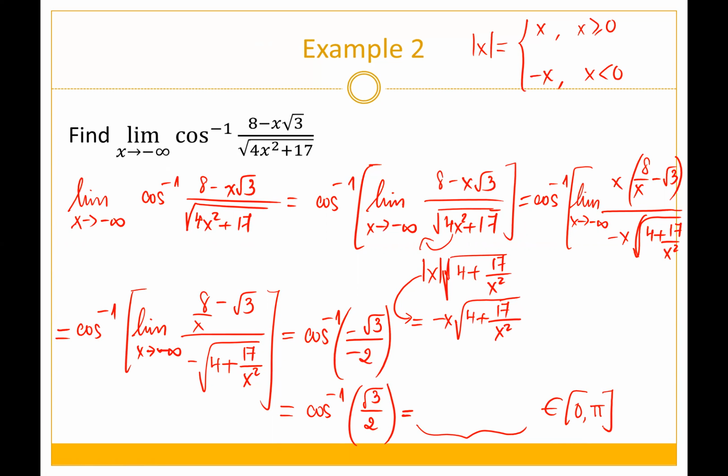That one is going to be pi over 6. So that's my final answer for this question. Usually for these questions, you can also have the answer be negative pi over 6, but that one is not in our range, which is from 0 to pi, so you cannot account for that negative pi over 6.